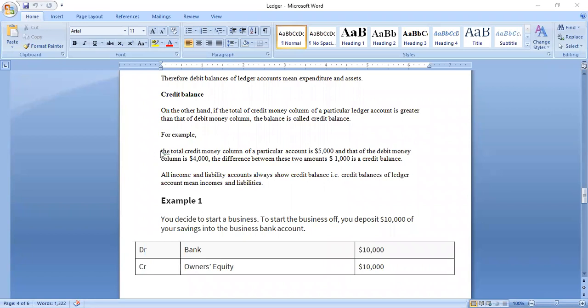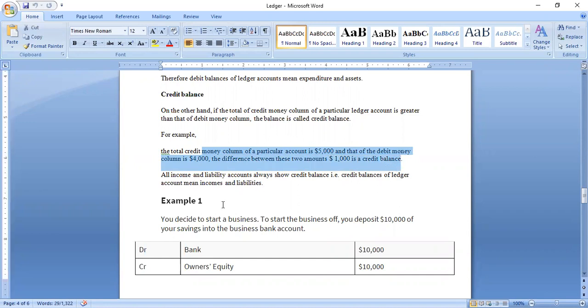So here we see that the credit money column of the particular account is 5,000, and the debit money column is 4,000. The difference between the two amounts, taka 1,000, is the credit balance.